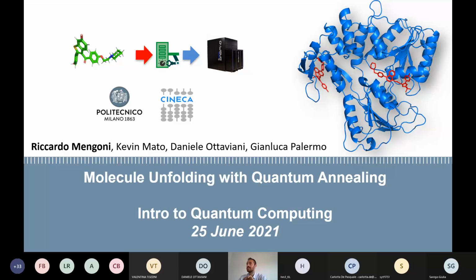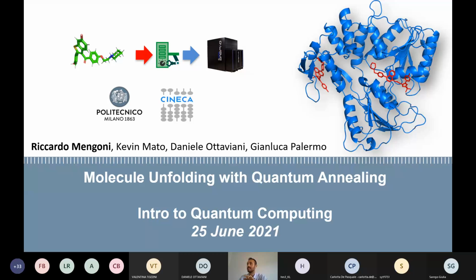So right now it is still not clear where the advantage is going to be, and who is going to be the first to reach an advantage, if quantum annealers or gate model quantum computers.